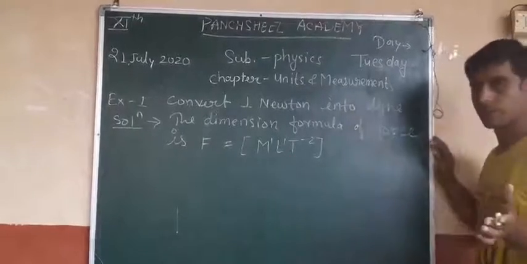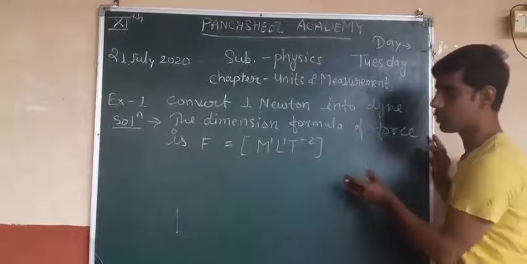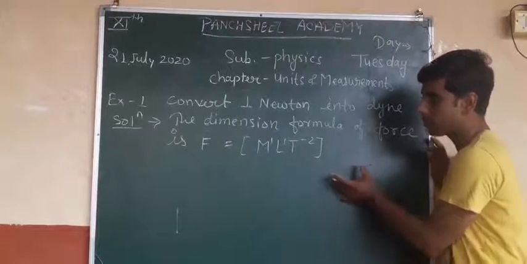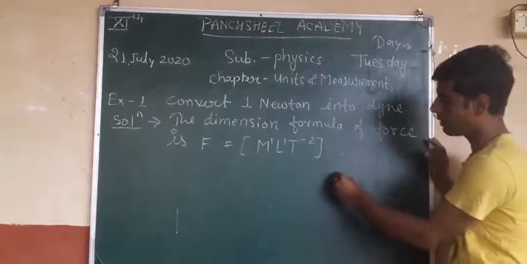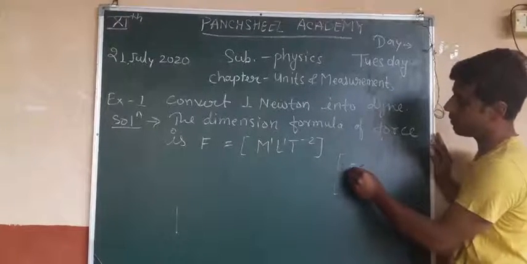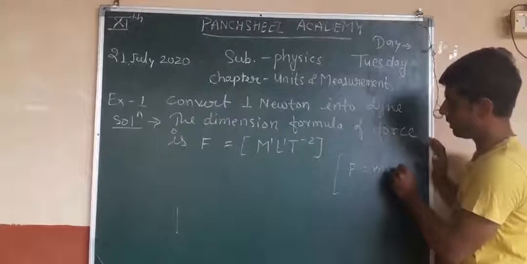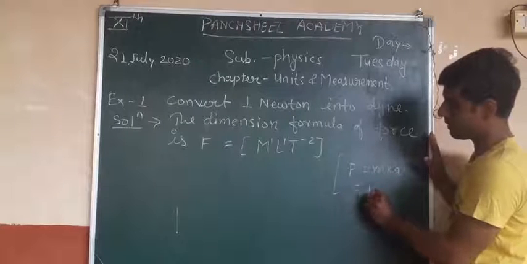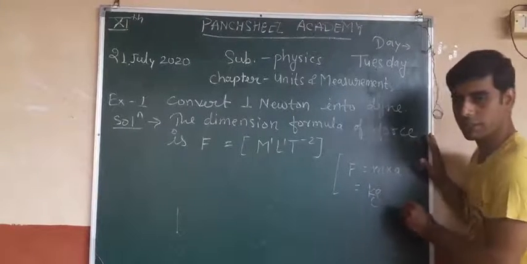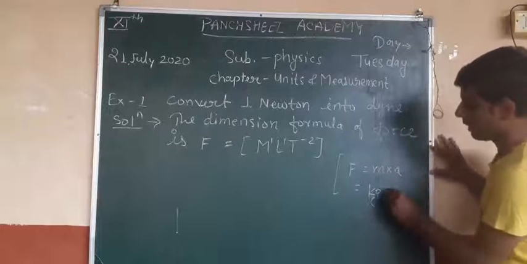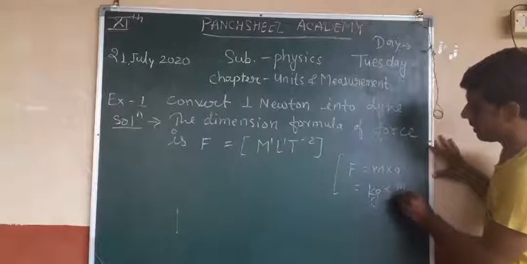For those students who are studying this for the first time, I write here force equal to mass into acceleration. Mass is measured in kg and acceleration is measured in meter per second square.